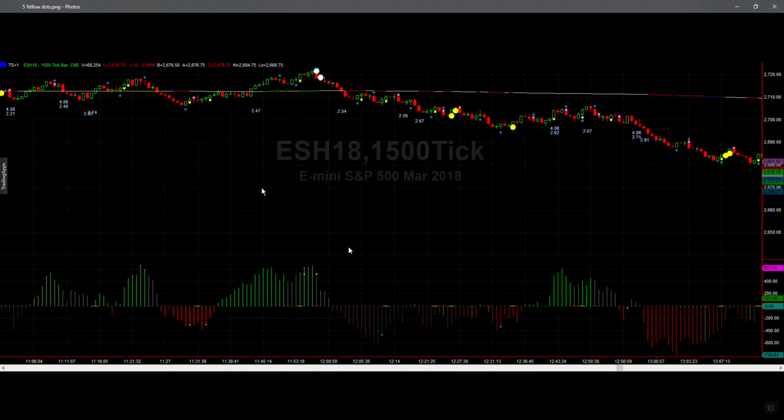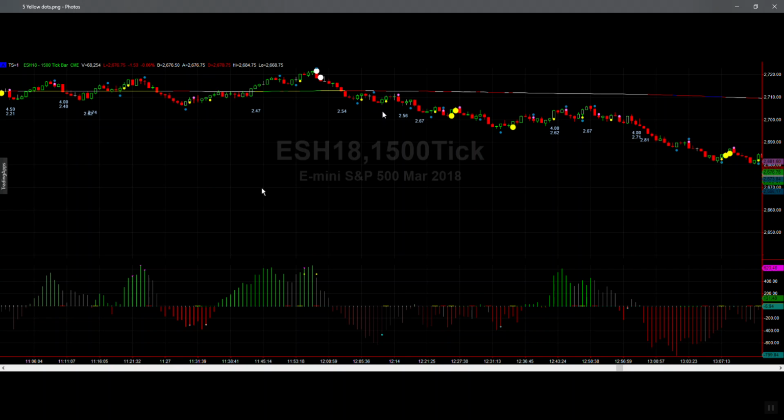Occasionally, there are yellow dots as well, and they represent a potential minor or major trend in any direction in the near future. And we can see that we had a yellow dot here, and in particular, this trended down.